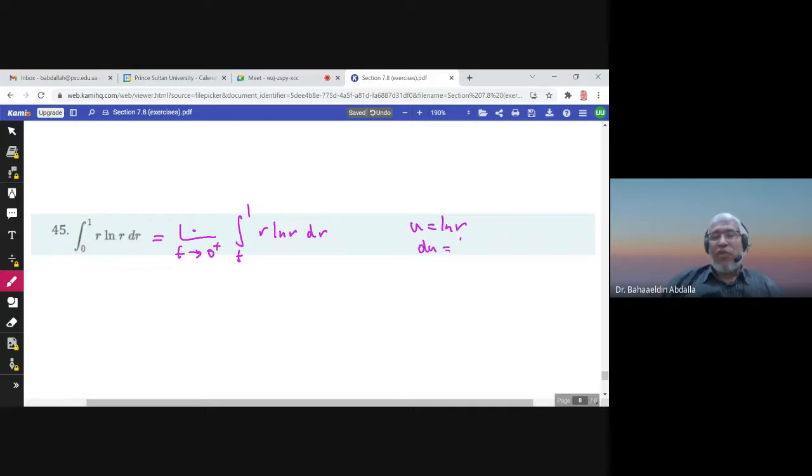And du would be 1 over r dr. And dv is r dr. And v is r squared over 2.